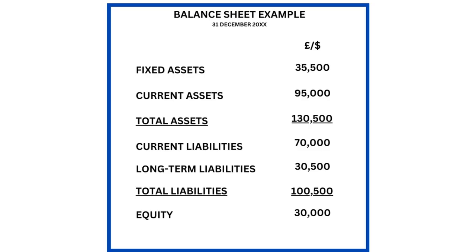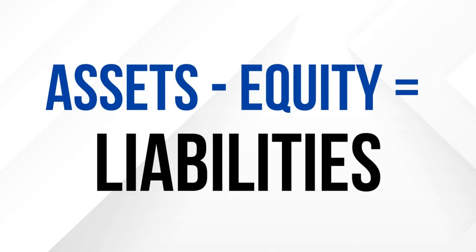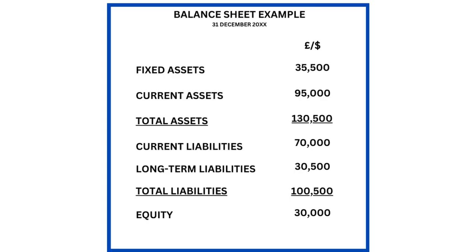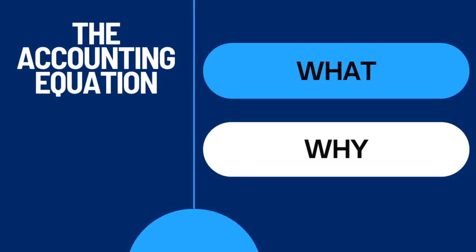We could also do assets minus equity equals liabilities. So going back to this balance sheet, if you did the assets minus the equity, you would get this total liabilities amount. This is the accounting equation. It's quite magic, isn't it?